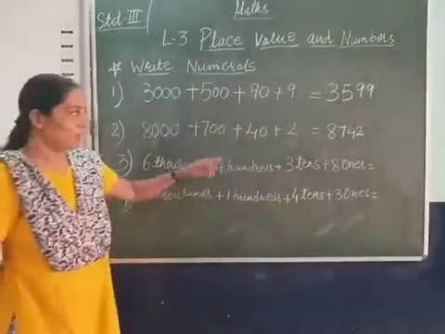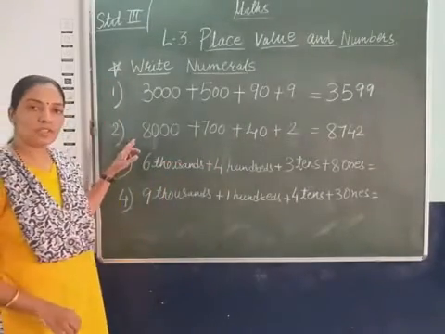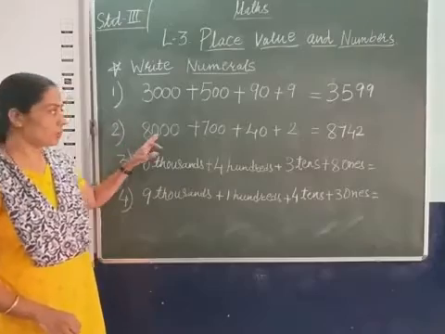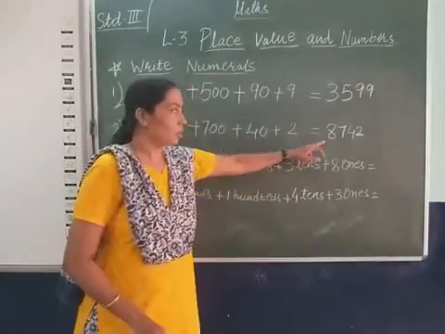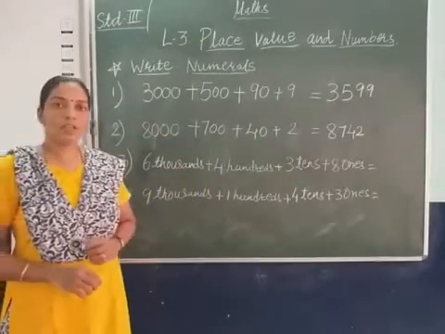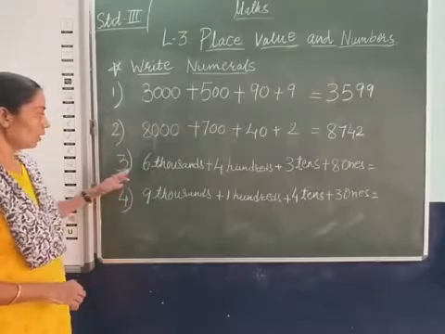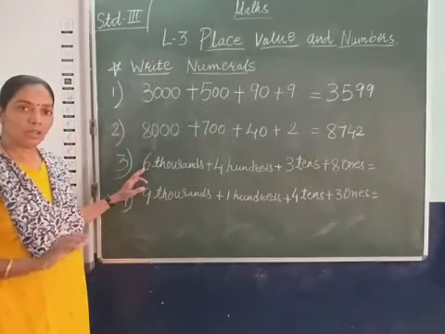So the number will come 8742. For the expansion given 8000 plus 700 plus 40 plus 2, the number will come 8742.